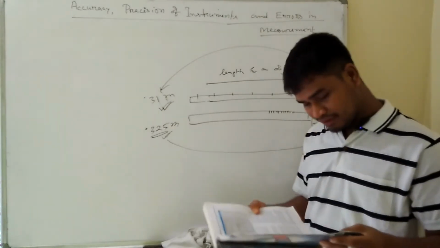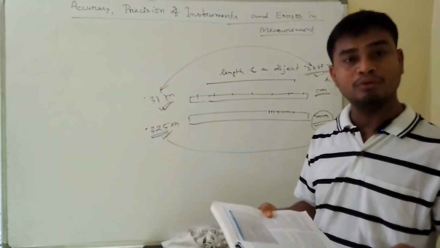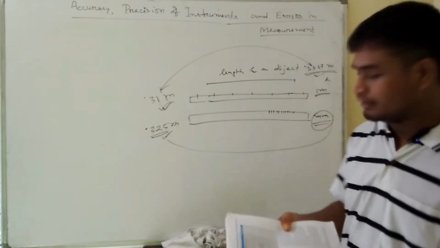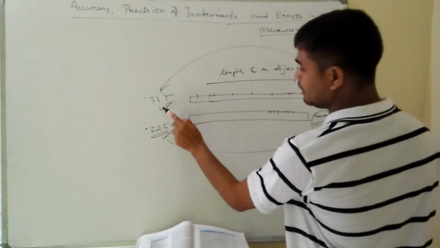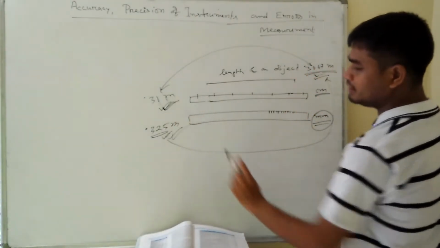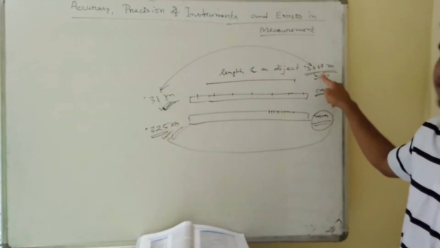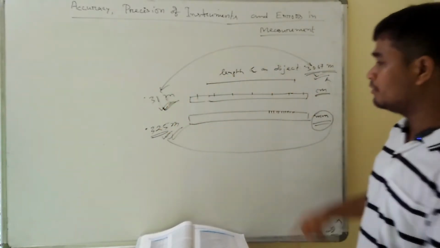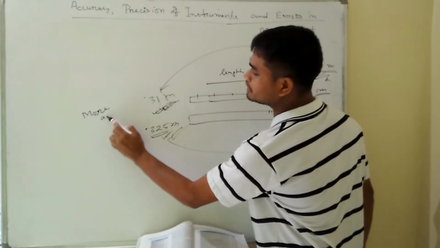In the book it is given that the accuracy of a measurement is a measure of how close the measured value is to the true value of the quantity. This is the true value, and these are the measured values. The measured value close to the true value is more accurate.